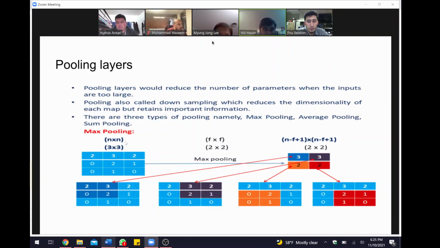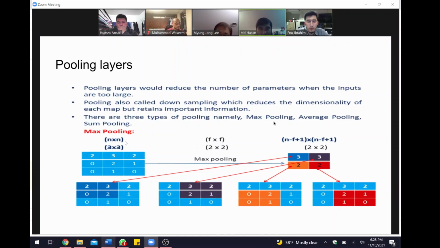Then we shift our filter by 1 to the right, combine again, see which number is bigger, and choose 3 from there. The same way with 0, 2, and 0, 1: the bigger number is 2, and here also the bigger number is 2. This is where we pool: we choose the maximum value of the elements.